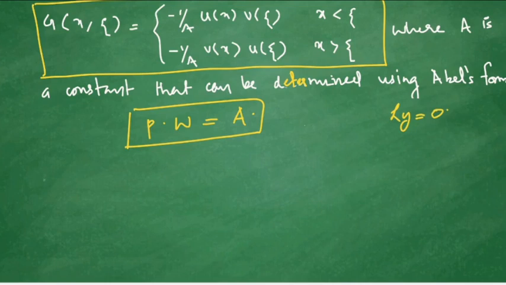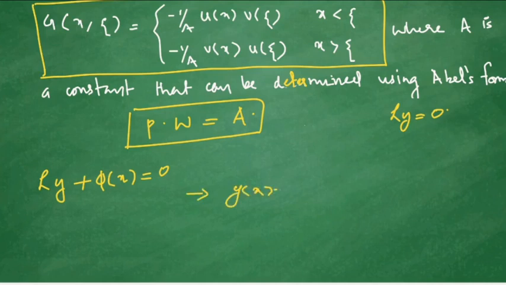Our second order differential equation was Ly plus phi of x equal to 0, the non-homogeneous equation. If we once get the Green's function, then we have already proved that y of x is equal to the integral of g of x, theta, phi theta d theta.